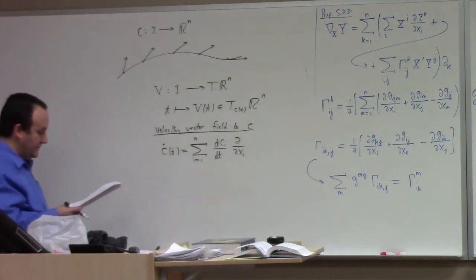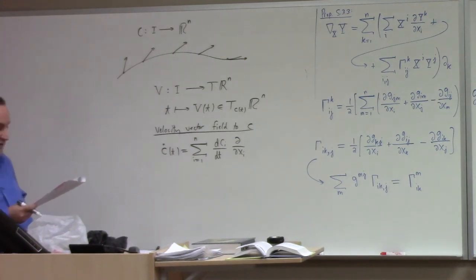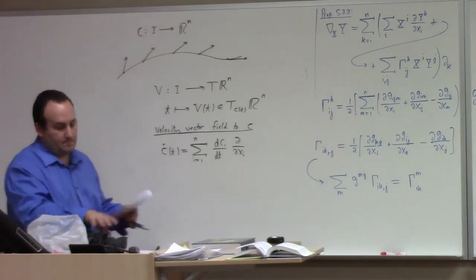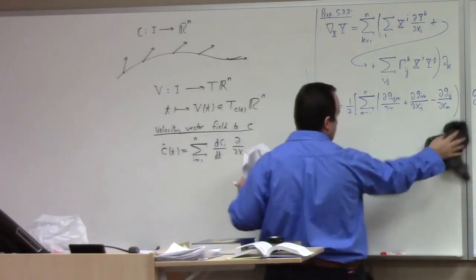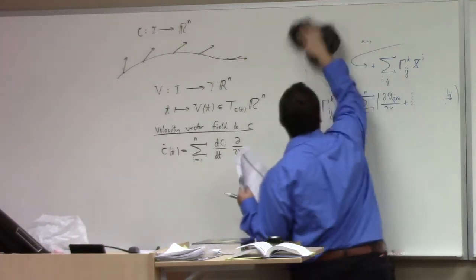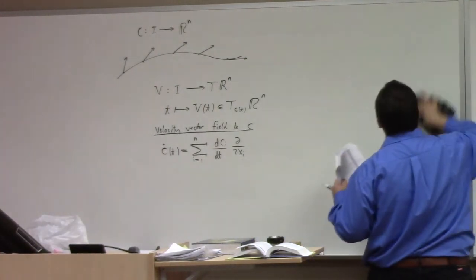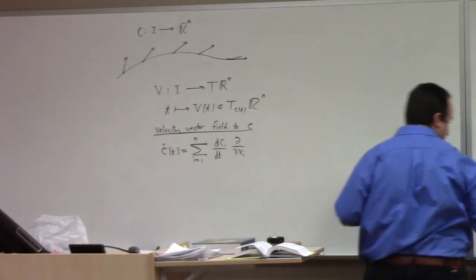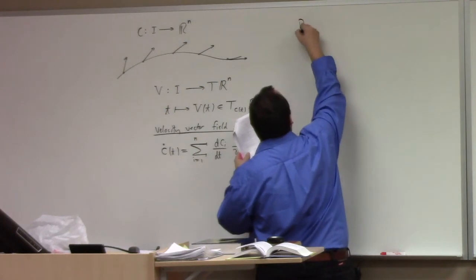So in particular, we define the derivative of a vector field V along a curve C as follows. Oh, if we need those formulas, I'm going to regret what I just did, because that was like a solid 5 minutes of writing right there. So here's the definition.